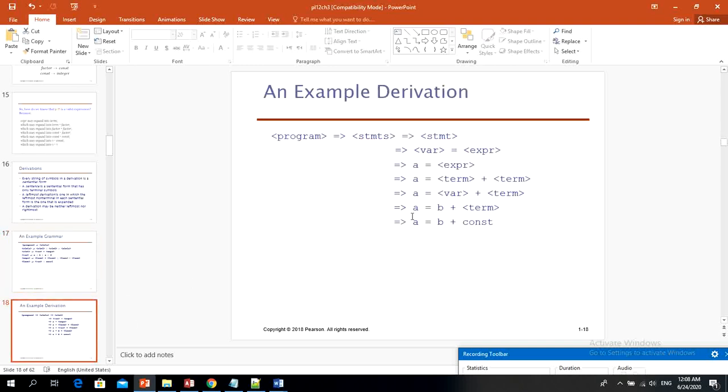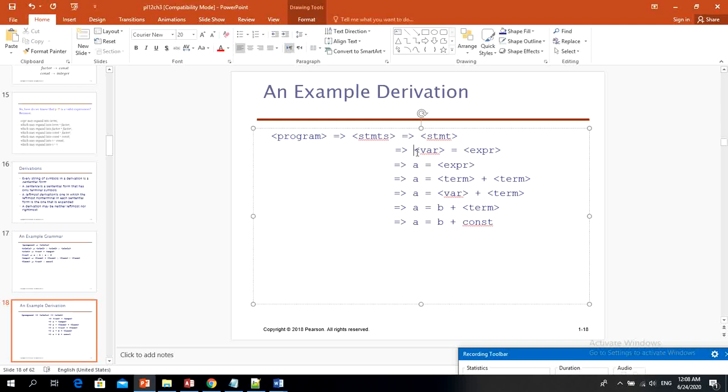So in this example, a program could lead to statements, and statements could be one statement, and that statement could be variable equal to expression.